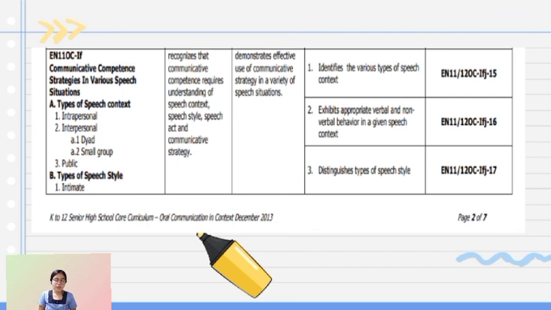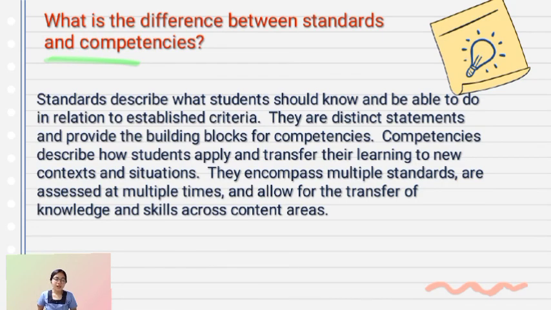And let us go to the difference between the standards and competencies. So standards describe what students should know and be able to do in relation to established criteria. They are distinct statements and provide the building blocks of competencies. Competencies describe how students apply and transfer their learning to new contexts and situations. They encompass multiple standards, are assessed multiple times, and allow for the transfer of knowledge and skills across the content areas.